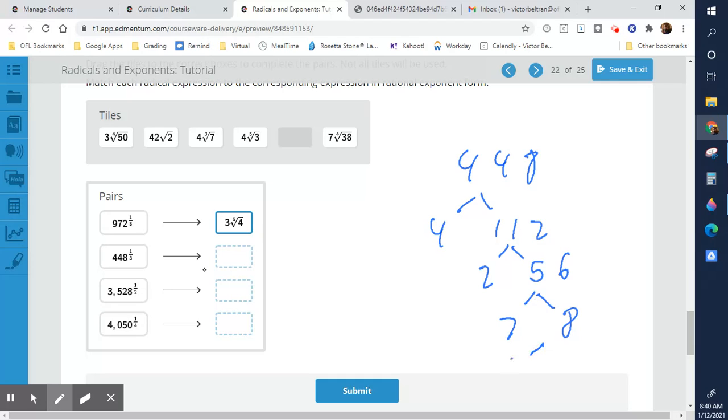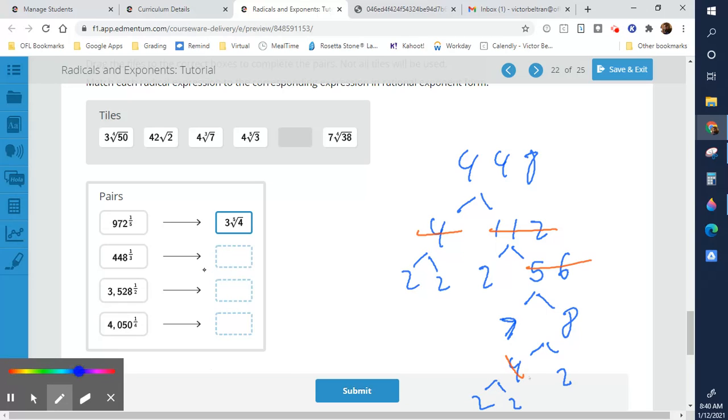And just to make things easier, I'm going to cross out all the ones I've already broken up so they're not in my way. All right, cool. So now I'm going to circle the ones I need. I'm only looking for 3s. So here's a group of 3 2s. Oh, wait, I have another group of 3 2s.